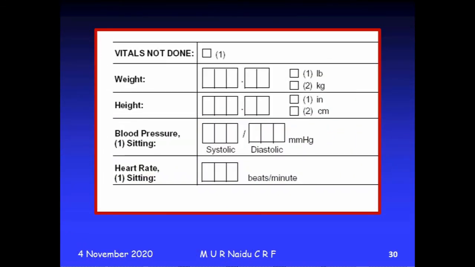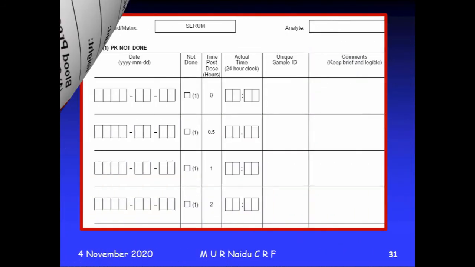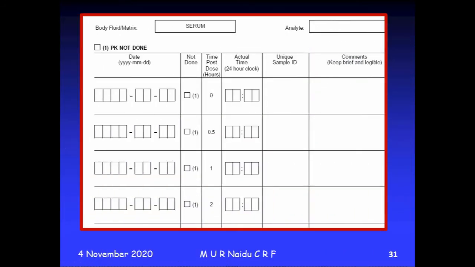Then vital parameters: weight, height, blood pressure, heart rate, pulse rate are very important components of all case record forms. Naturally you have to do a lot of investigations, including blood, fluid and matrix, and all these should be entered: what time it was taken, whether it was taken or not, what time the investigation was done, and what are the actual value and comment.